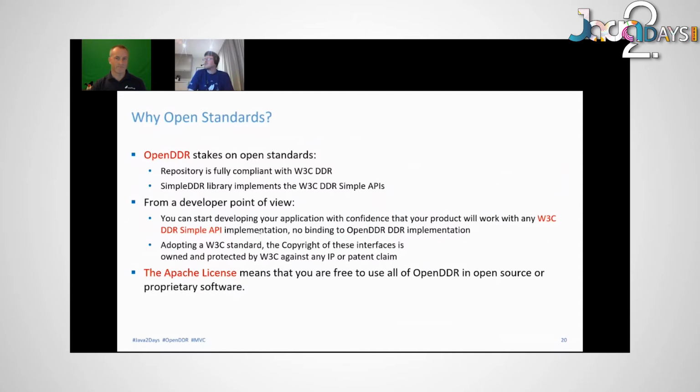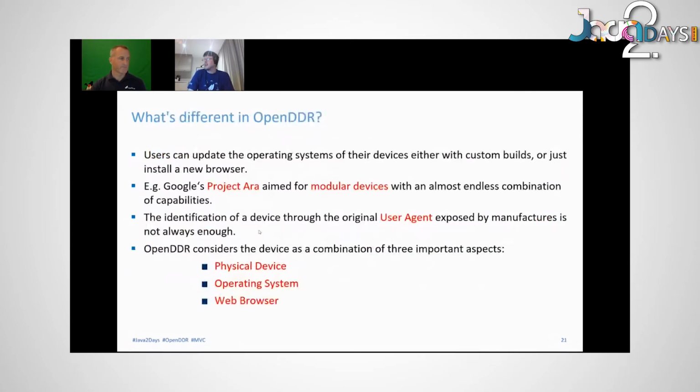OpenDDR has three major aspects of a device. So based on the user agent, it extracts information about the physical device, the operating system, and the web browser.